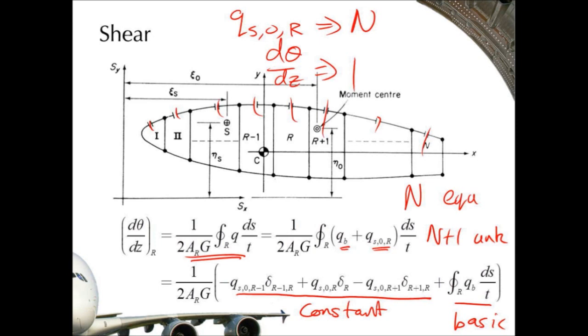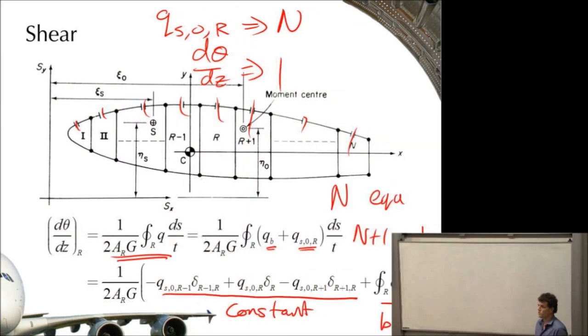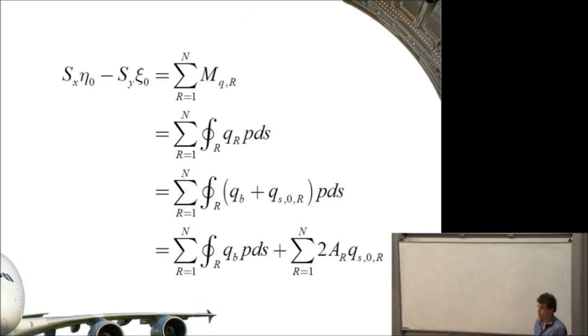So what's the equation of statics that we need to resolve this? We've used rate of twist, moments. Okay. So the external moments on the left, the internal moments on the right. The internal moments are separated for every cell.